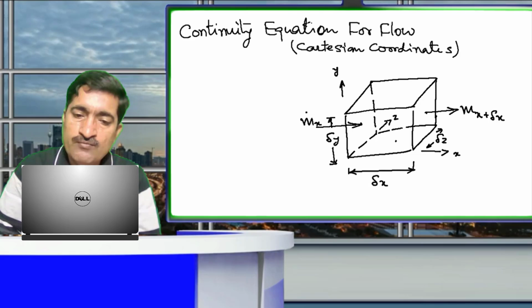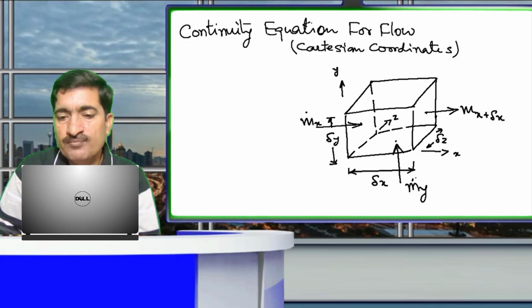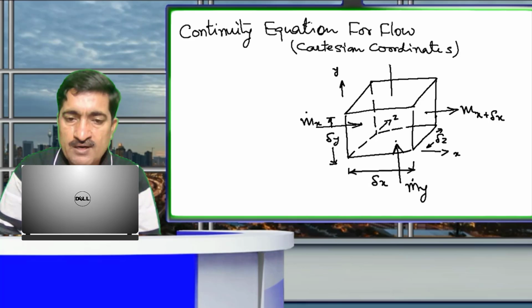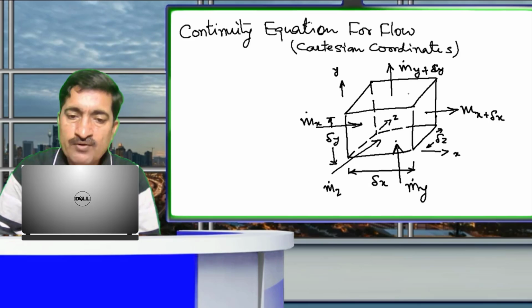Similarly in the y direction, the mass flow entering from this face is my, and leaving from this face is my plus delta y. And in the z direction, mz, and leaving from this side, mz plus delta z.